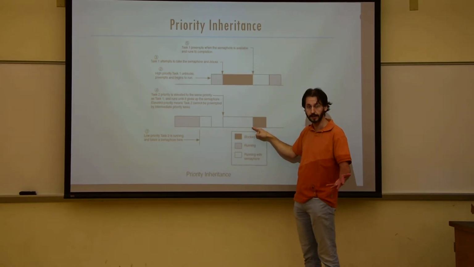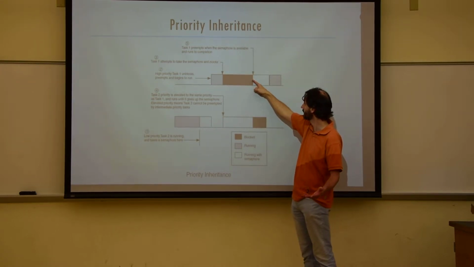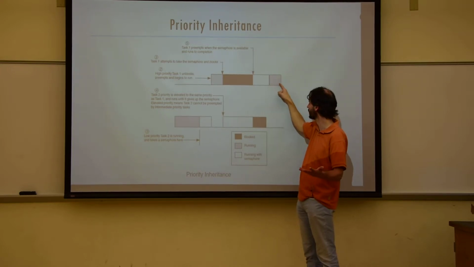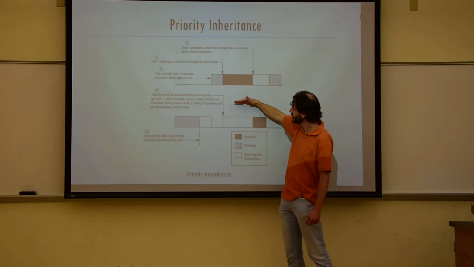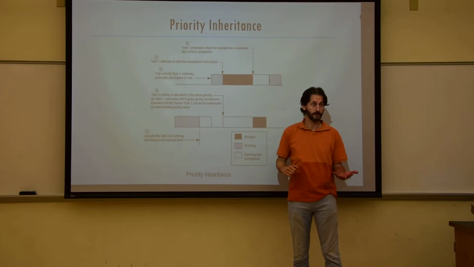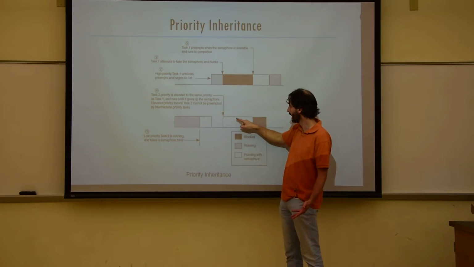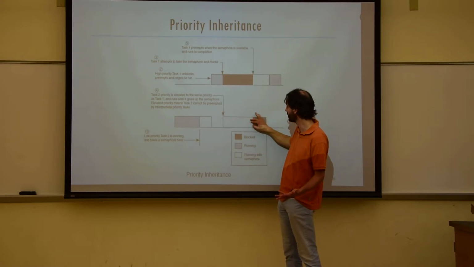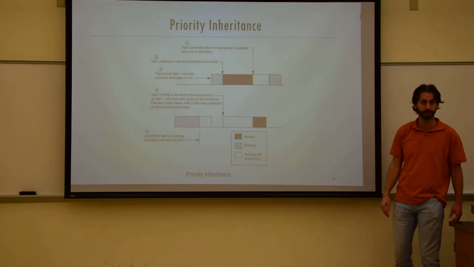After that it gets its lower priority again, which means that now the high priority task gets the lock and can get access to the resource and run till completion. And no medium priority processes in the middle can get access and kick this low priority task out, because for this time period it inherited the high priority of the higher priority task.